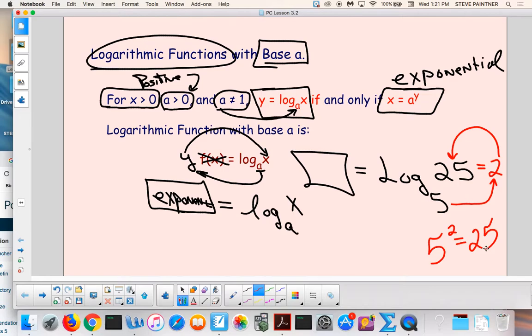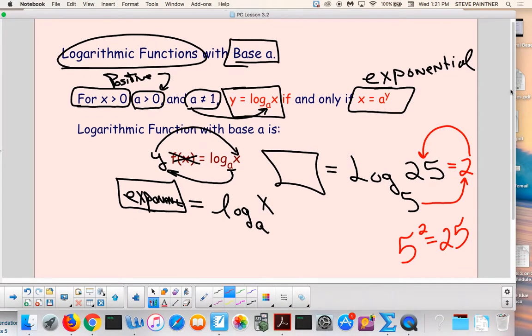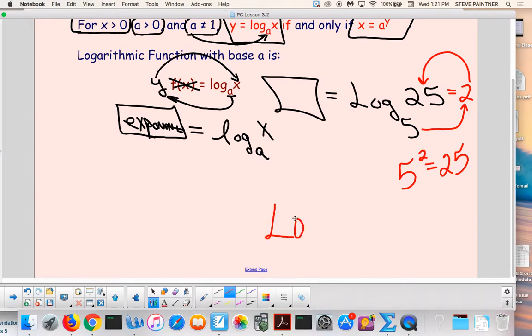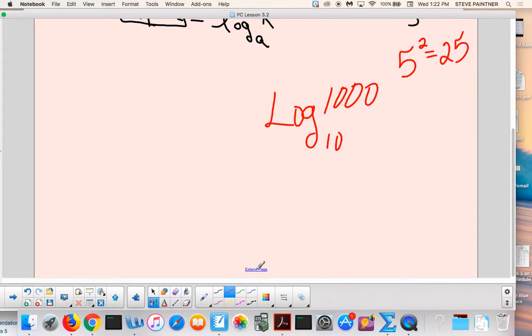That make sense? Okay, so if that makes sense, then this should be so easy for you. Let's do this. Log base 10 of 1,000. Which is asking you for what here?